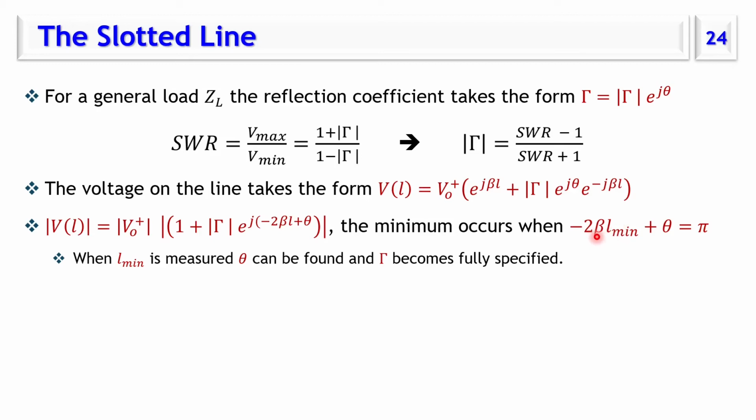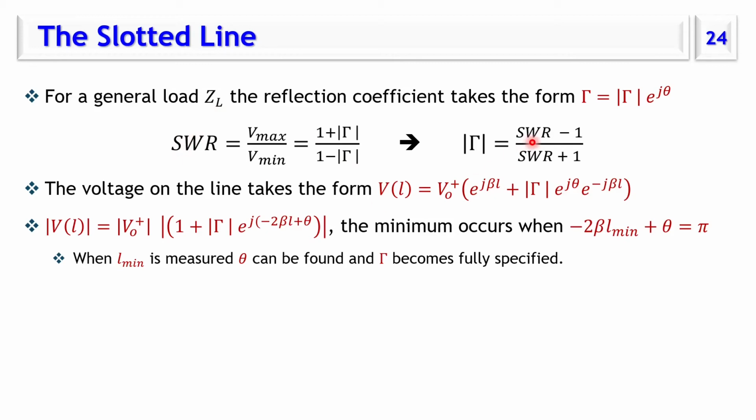This is known from the frequency, and this is measured. We know the minimum happens at phi equal pi. If we can measure this, we know beta for the frequency that we used. The minimum helps us find theta, and the ratio between maximum and minimum helps us find the standing wave ratio. From the standing wave ratio we can find gamma.